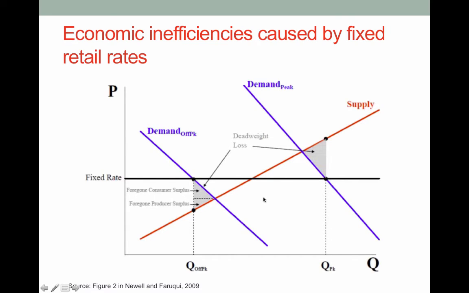The single fixed rate will encourage people to consume more electricity during peak hours and discourage people from consuming energy during off-peak hours. From the economic perspective, this is an inefficient way of pricing energy.